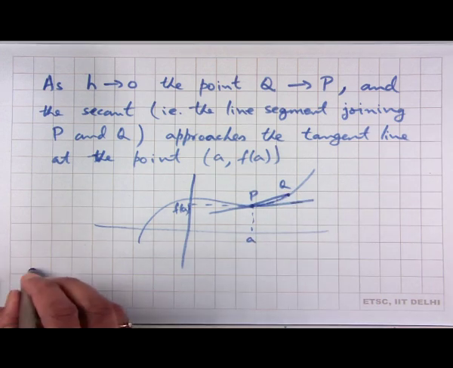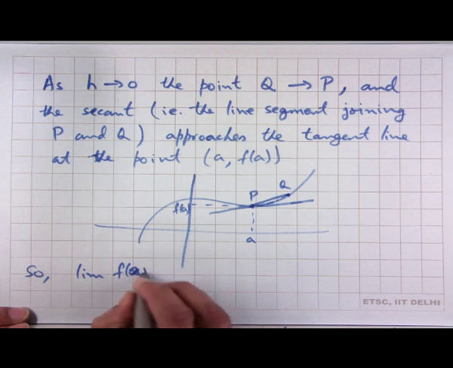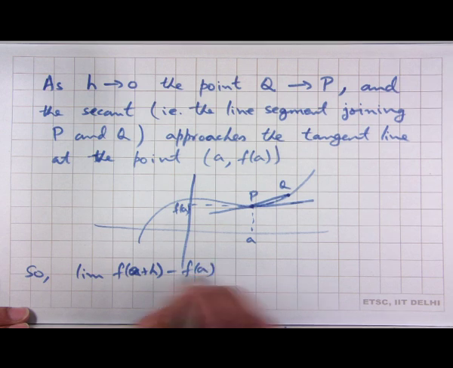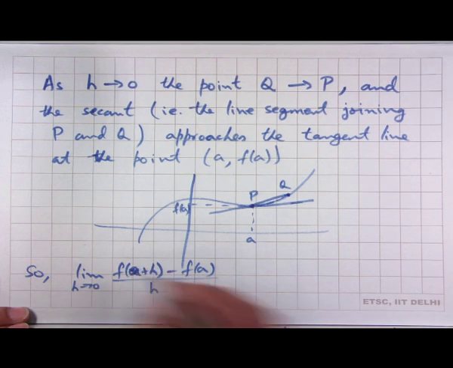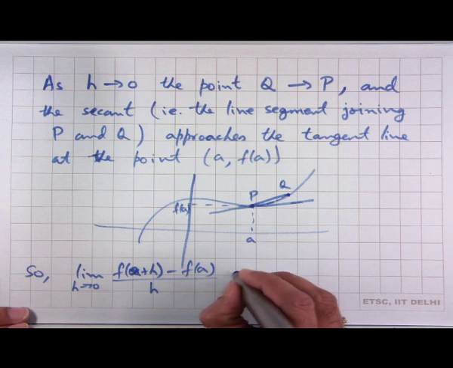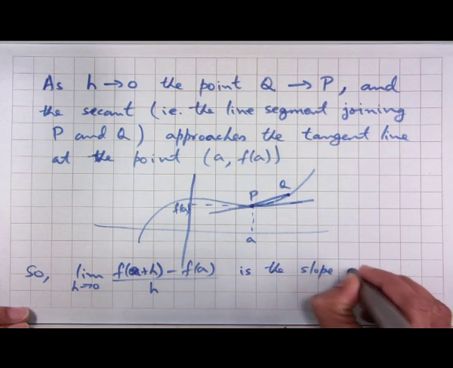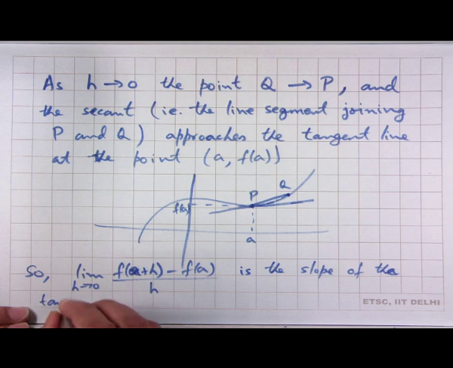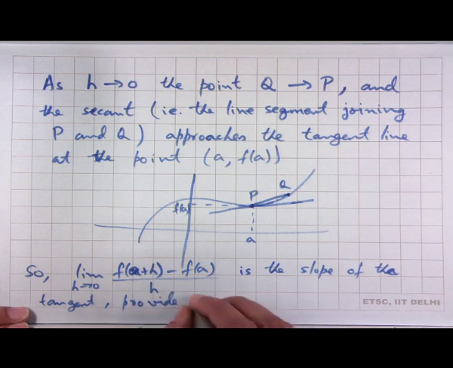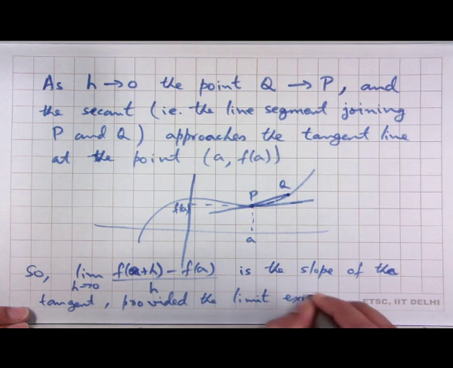So, the limit of f of a plus h minus f of a divided by h is the slope of the tangent line, provided the limit exists.